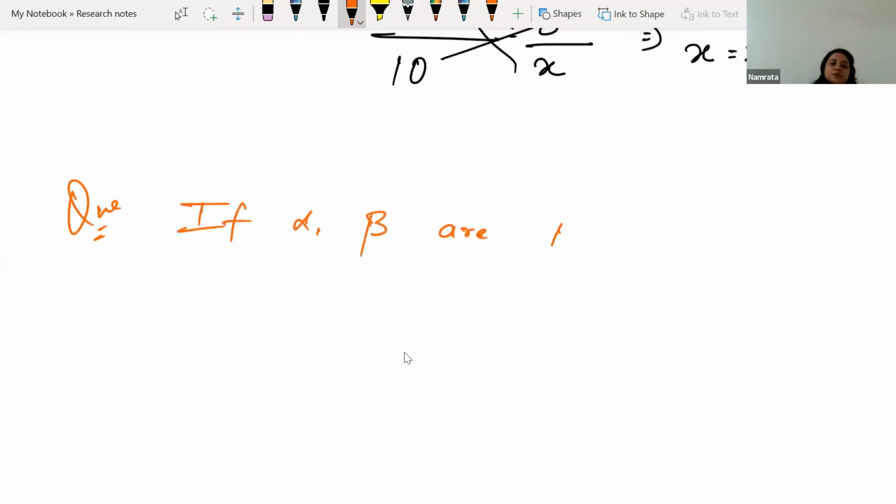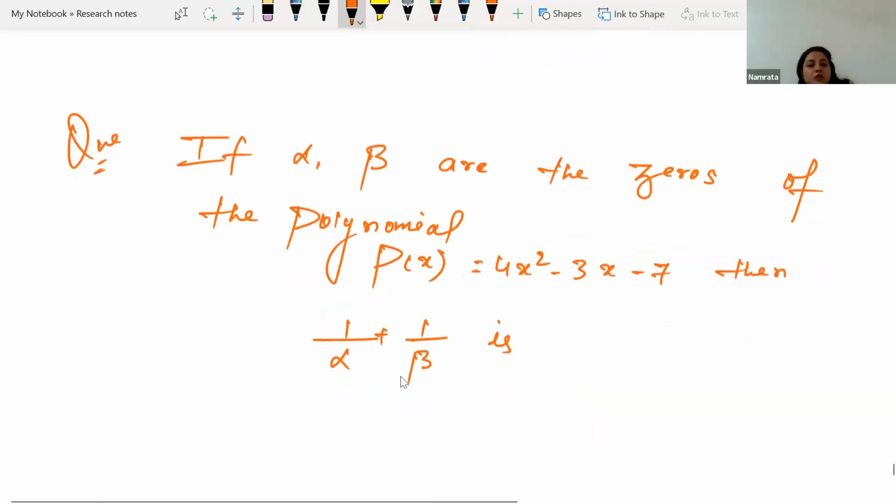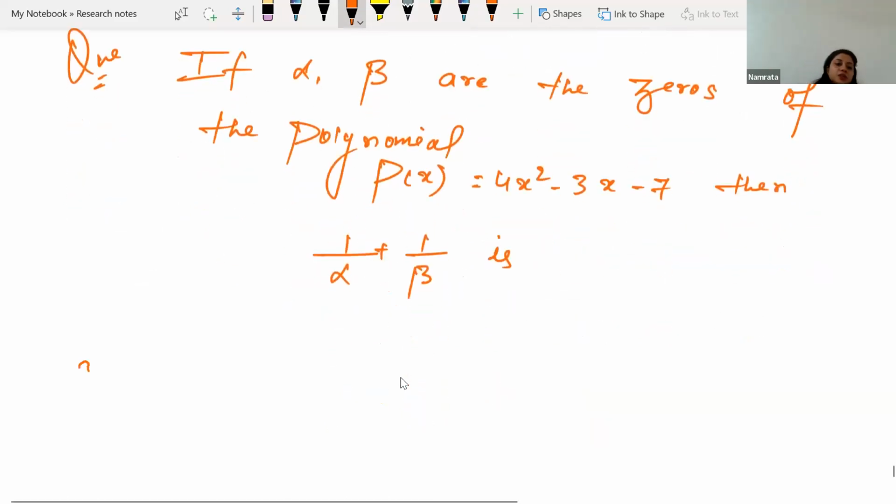If alpha and beta are the zeroes of the polynomial Px equals 4x square minus 3x minus 7, then 1 by alpha plus 1 by beta is, do calculate it and tell me what will be the answer.